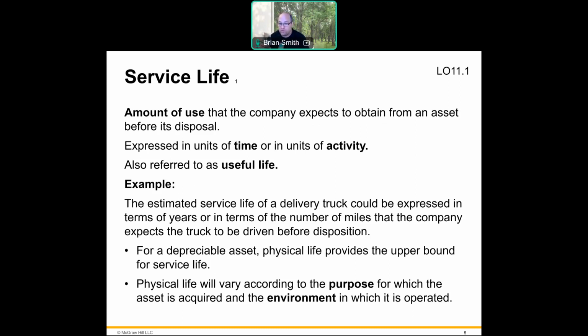Could be 5 years, 3 years, whatever. It depends on the experience. For example, if I bought a truck just to drive around town, that's probably going to last me a good 5 years. But if it's a regular pickup truck that I'm using to haul dirt and stuff, that might not last as long. So there might be a reason why we wouldn't go 5 years. We might go 3 for that one.